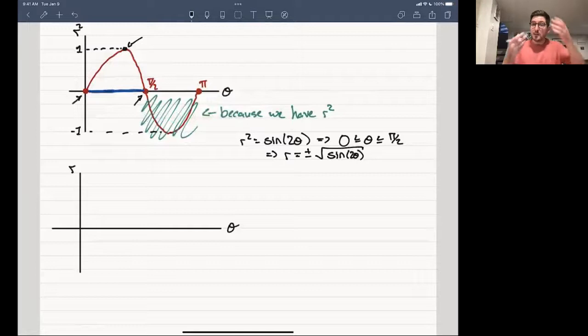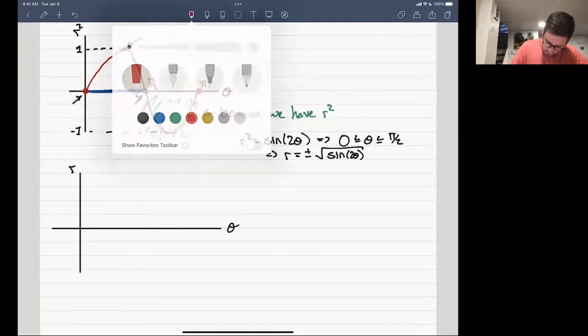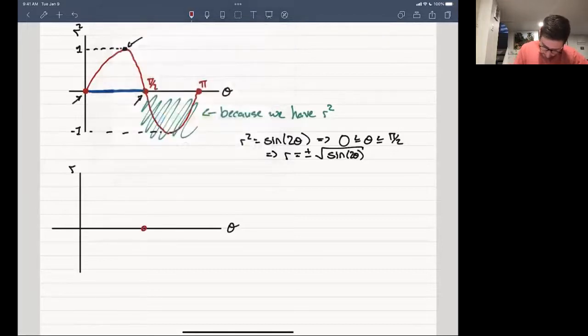Then what I do is I take plus or minus that. I have 2 functions. So let's use the plus one first, okay? So let's go all the way up to pi over 2 again. So I have, say, pi over 2 right here. And I've got pi over here. Nothing exists between pi over 2 and pi.